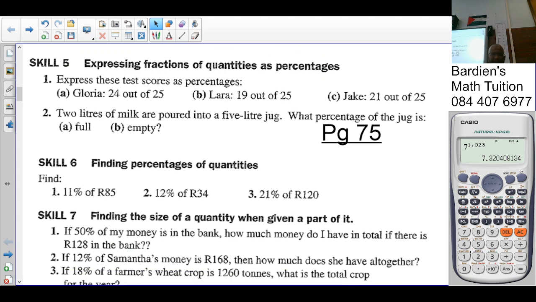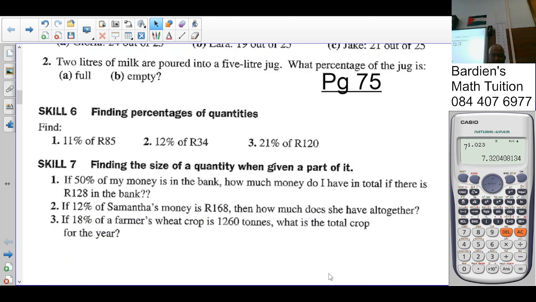And then I want you guys to do the decimal practice on page 79. I want you guys to do skill 1, 2, 3 and 4, the odd numbers. You all know what to do?